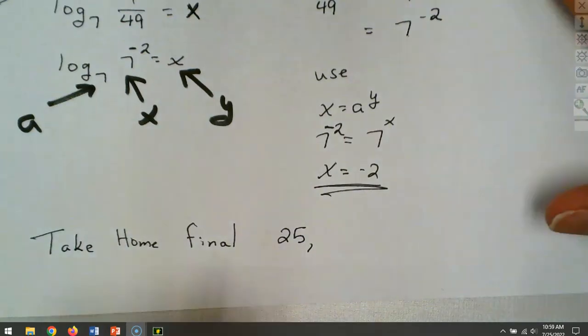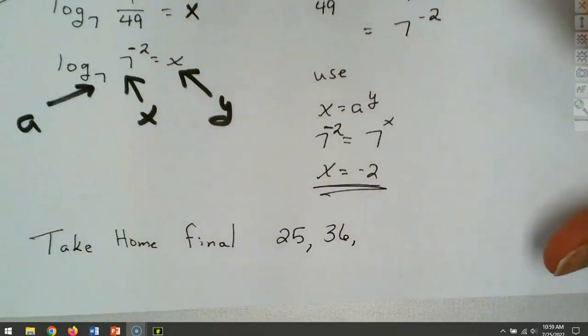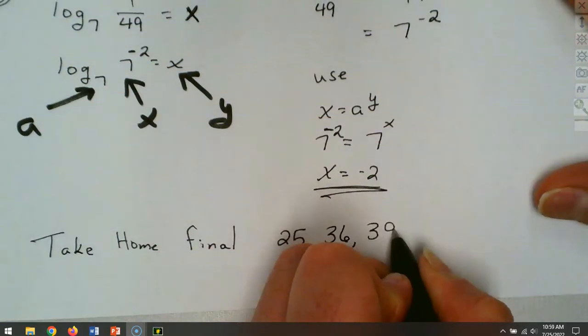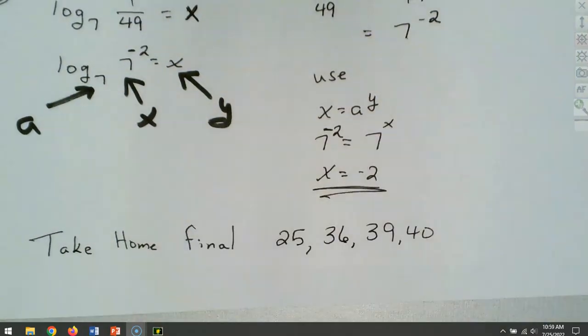Okay, and these are on the take-home final, so 25, question 36 as well. 39 and 40. Okay, 39 and 40 on the take-home final, right? Yes. The first one. Okay, do we have any others?